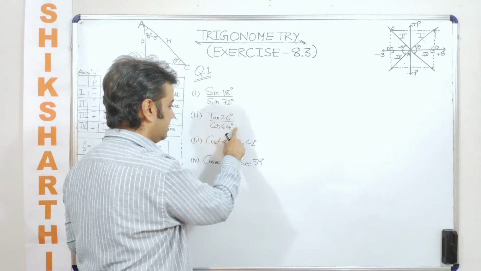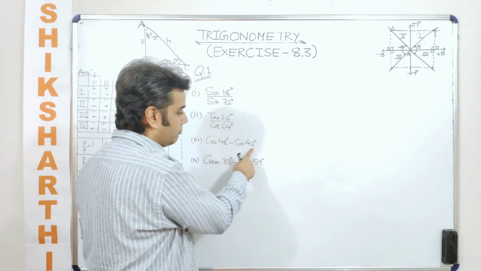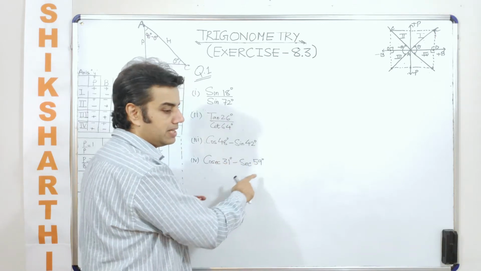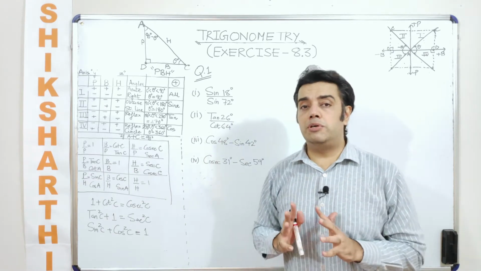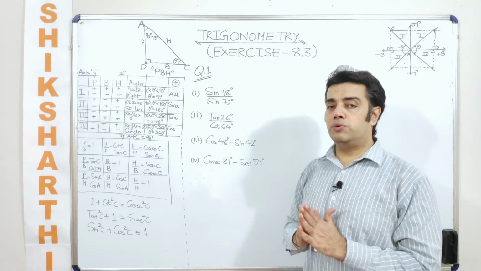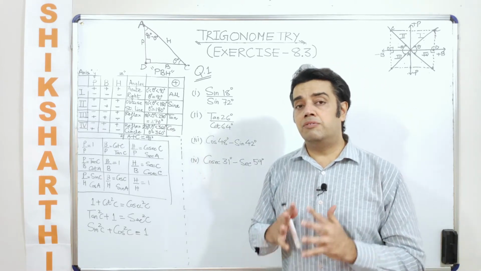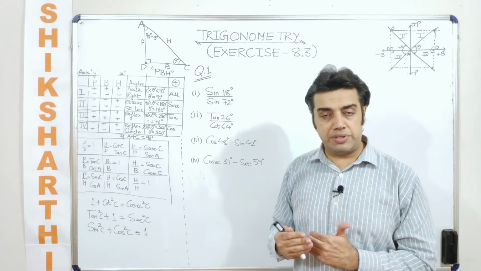Yes. 26 degrees plus 64 degrees equal to 90 degrees? Yes. 48 and 42 degrees equal to 90 degrees? Yes. 31 degrees plus 59 degrees equal to 90 degrees? Yes. Once you are able to figure out what type of question this is, it becomes easier for you to attempt.